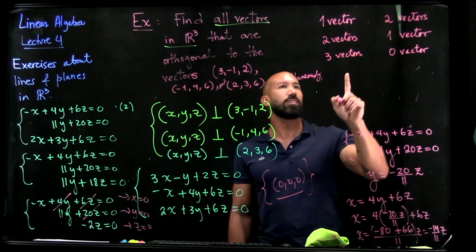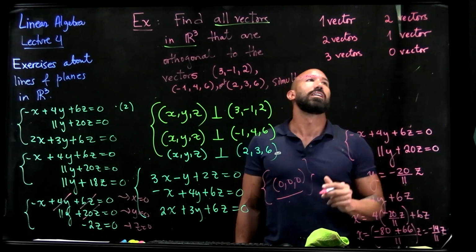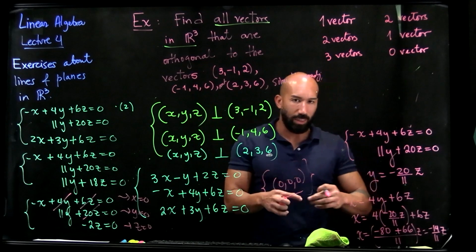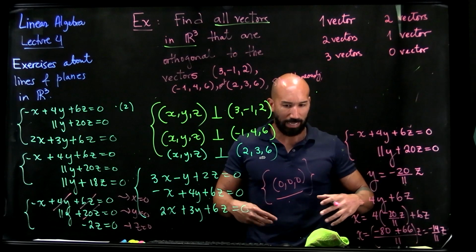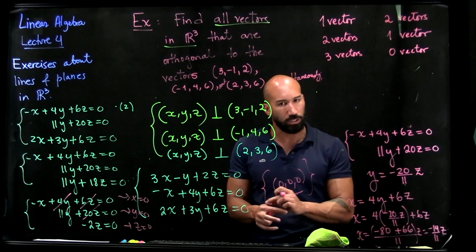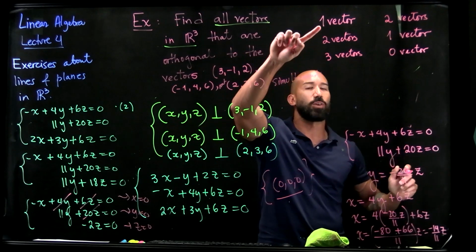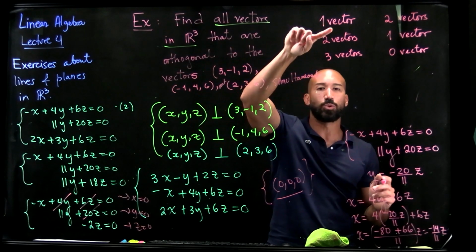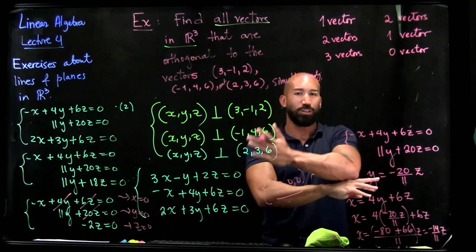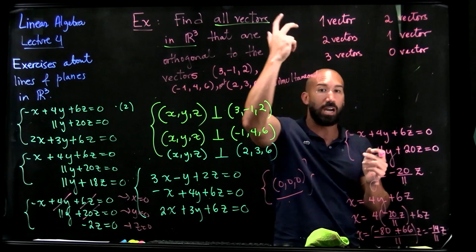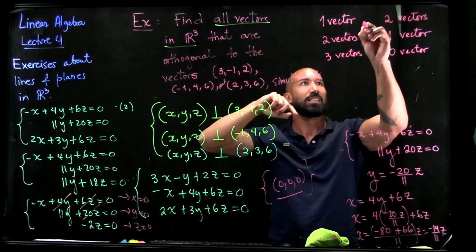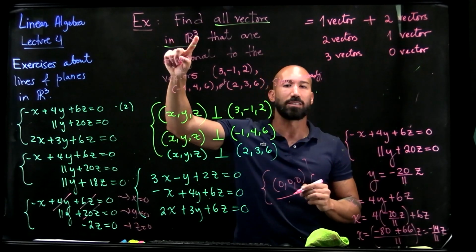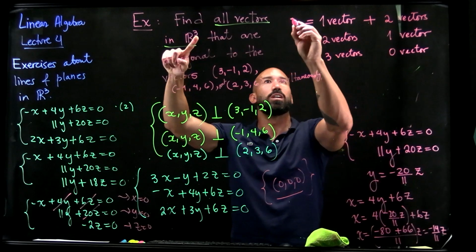Okay, and the pattern that I want to make emphasis on here is the following. If just one vector is given, that vector, used as parallel information, generates a line. So when I'm finding everything that is orthogonal to that line, I know that the linear object orthogonal to a line in R3 is going to be a plane. And the sum of the dimensions needs to be the dimension of the ambient space, the space in which we are working, which is 3.